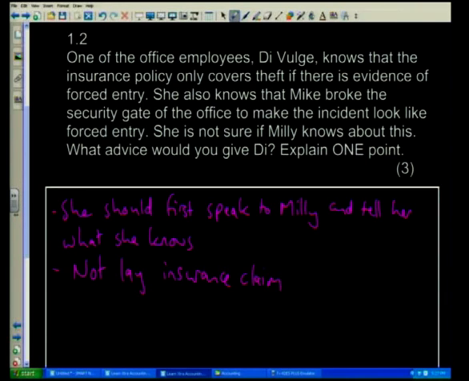Because it could be regarded as fraud to break into your own building so that it looks as if the building has been broken into by somebody else, just to make sure that the insurance pays out. There could be penalties for it, there could be fines for it, and it should really not be good practice to lay an insurance claim in a situation like this.